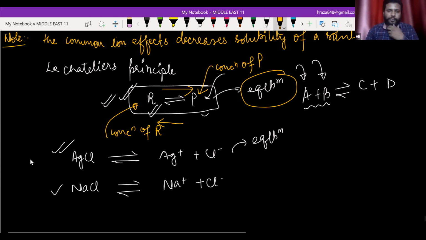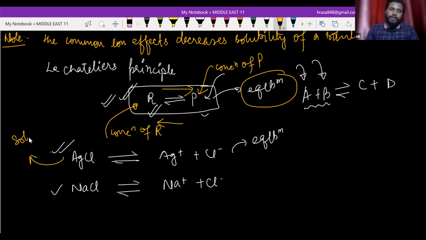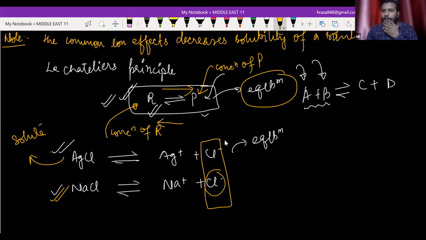What is common ion effect? Basically AgCl and NaCl in the same solution. Now you will see this is basically solute. We are studying about solute, and this is something you just added. Now you will see this is common ion, right? This is common ion.